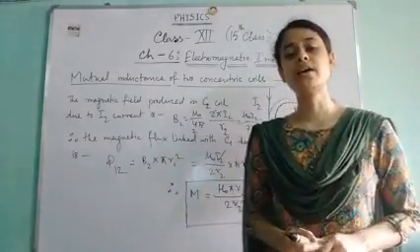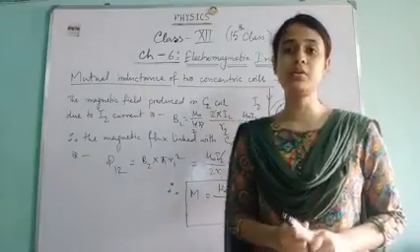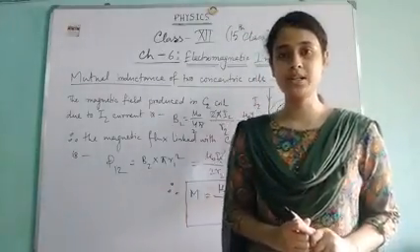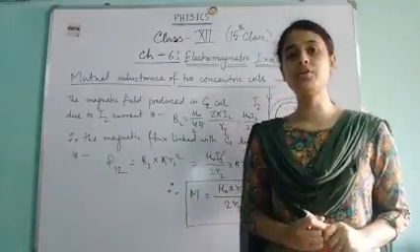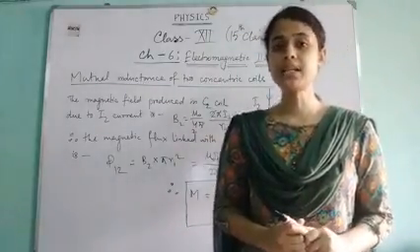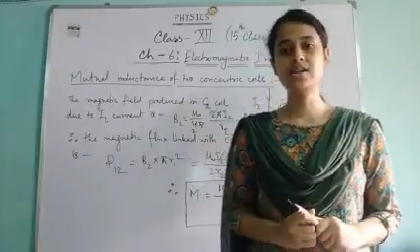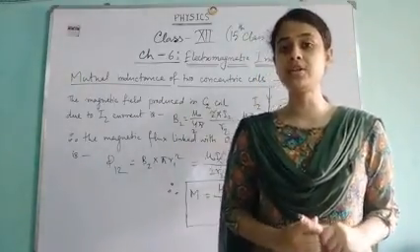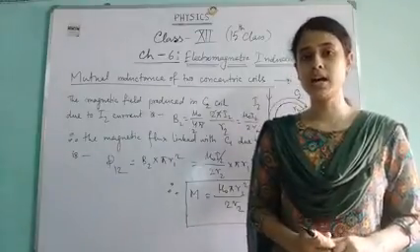But here I would like to mention one thing: the term generator is not appropriate, because we all know that we cannot create any energy. Energy can neither be created nor destroyed. Electrical energy is also a kind of energy.